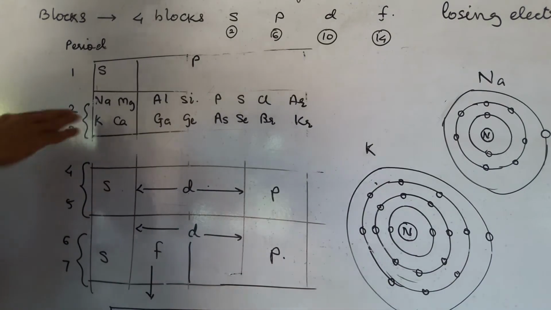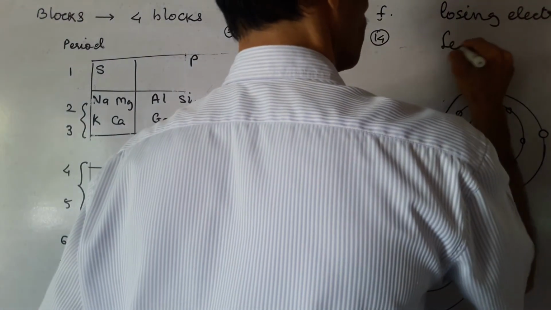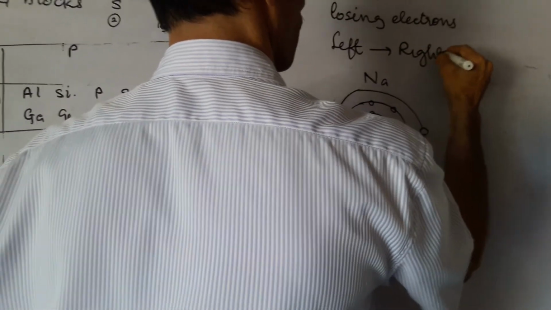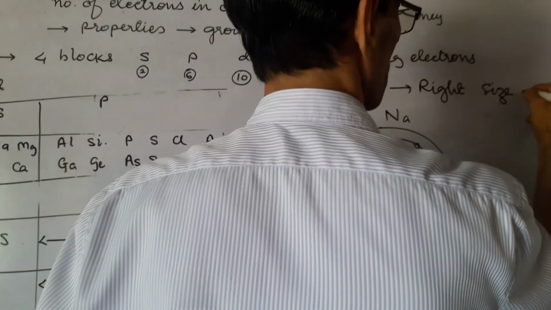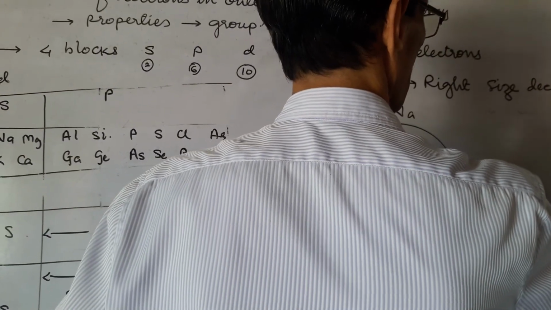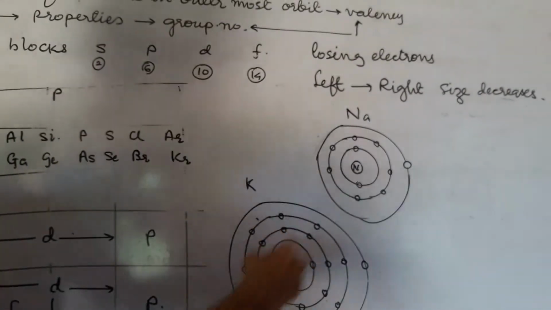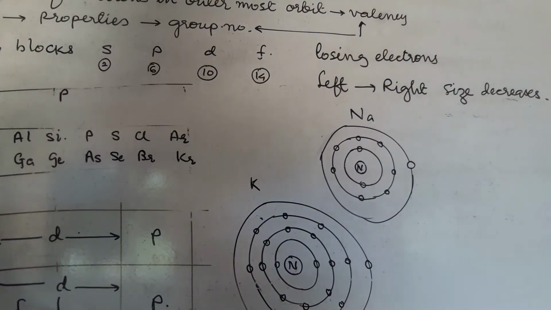We know that as we go from left to right, the atomic size decreases, and this is due to what? This is due to the increase in the number of protons and electrons, and therefore attraction increases.